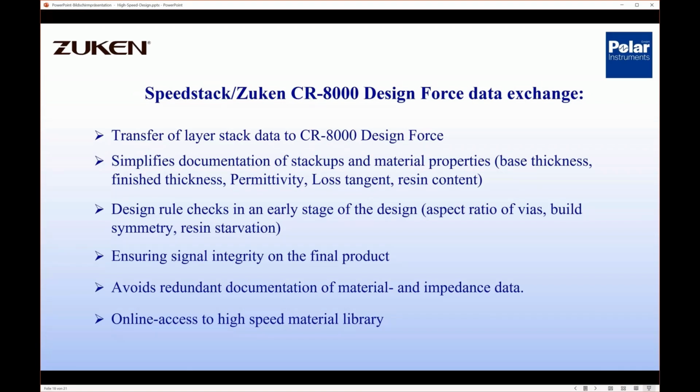And finally, we are ensuring signal integrity on the final product by meeting the impedance requirements and also the delay of the traces. We also avoid redundant documentation of material and impedance data because that set of information is simply transferred from one software package to the other.